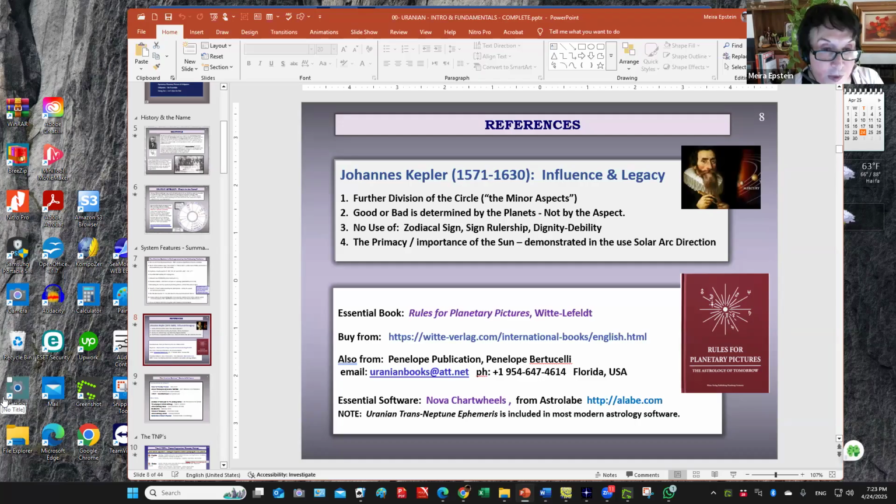Before Kepler, Copernicus finally established the solar system as heliocentric, the sun in the center. That was Copernicus. More than 100 years later, the system was already heliocentric, but they couldn't figure out the orbits properly.